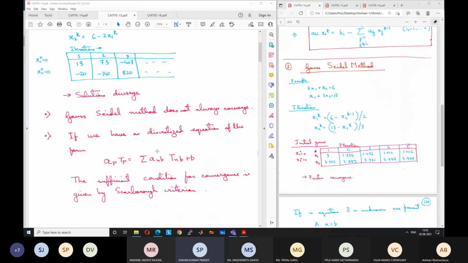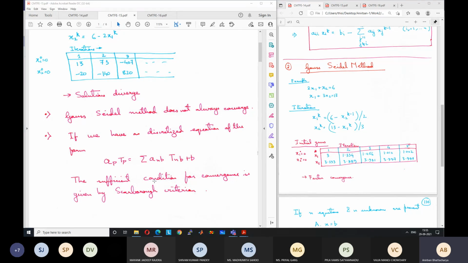But if B is false, then we cannot say A will be true. Correct, very good. So a sufficient condition means that if it is satisfied, then you are guaranteed that the solution will converge. For this case, the truth is that the solution will be converged. So if this condition is satisfied, it will converge, but it is not necessary.